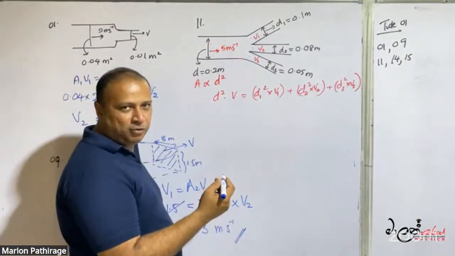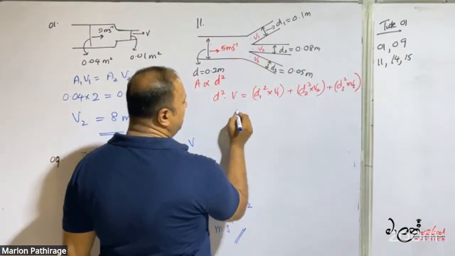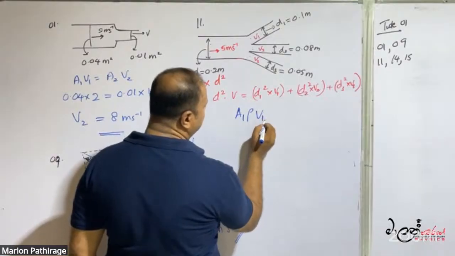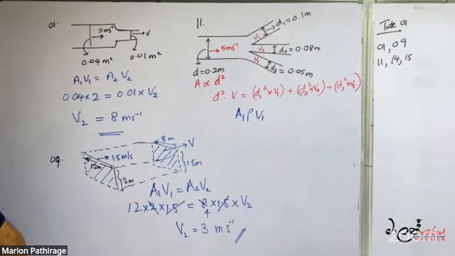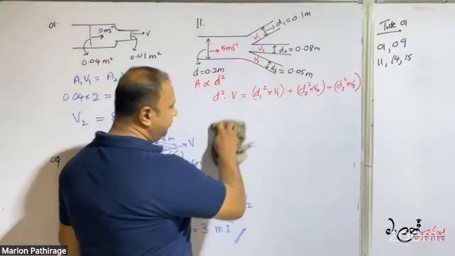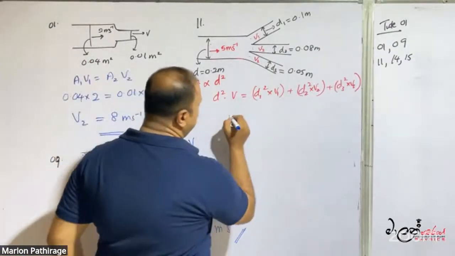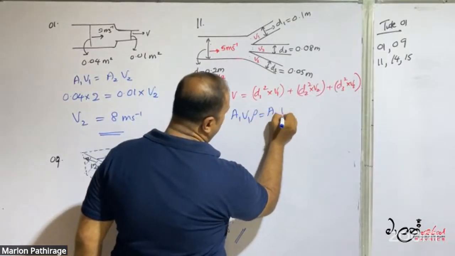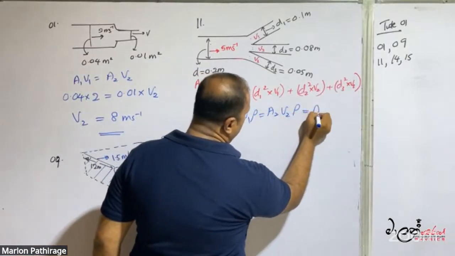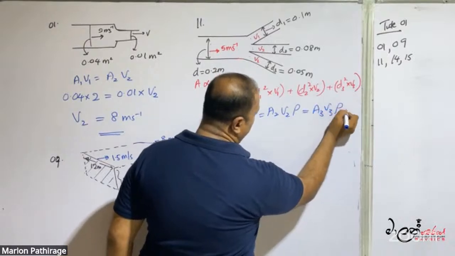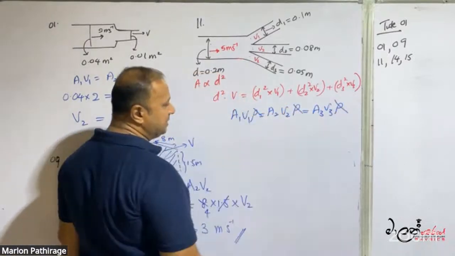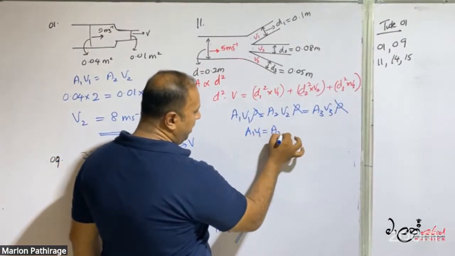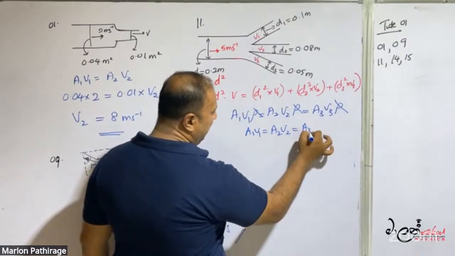Mass flow rate is equal. Therefore, A1 rho V1, that means A1 V1 rho equals A2 V2 rho equals A3 V3 rho. Rho will be cancelled out. That means A1 V1 is equal to A2 V2 is equal to A3 V3.